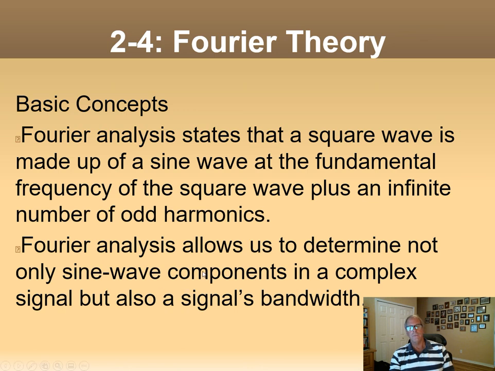So what if you pass that square wave through a low pass filter? What happens to the square wave? Well, all those higher order harmonics are going to be filtered out, and the square wave becomes a sine wave, because you filtered out all the high order harmonics.